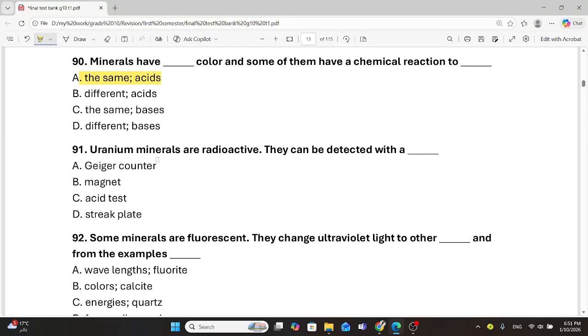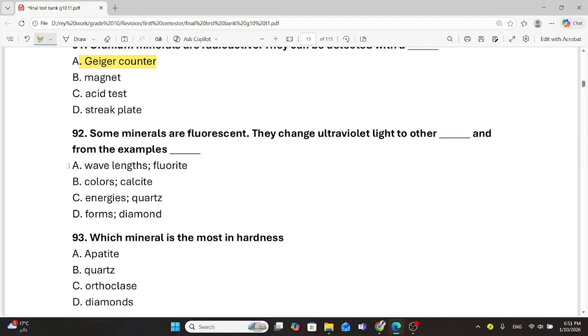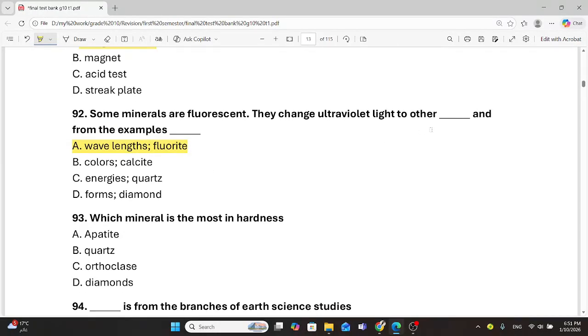The calcite. Uranium minerals are radioactive. They can be detected with a Geiger counter. Some minerals are fluorescent. They change ultraviolet light to other wavelengths, fluorite for example من الاسم fluorescent.